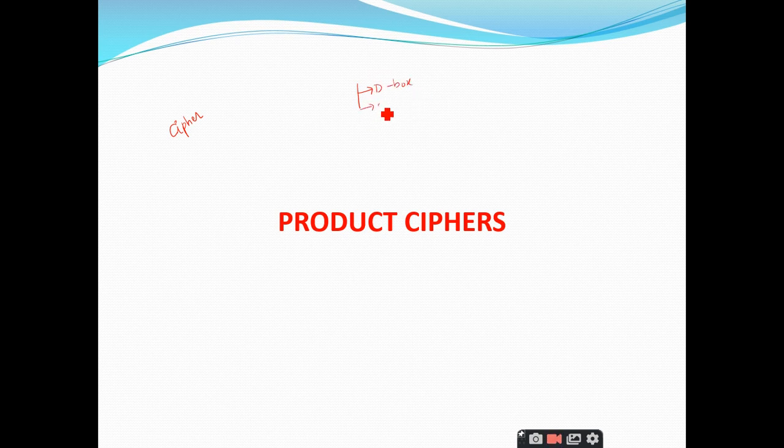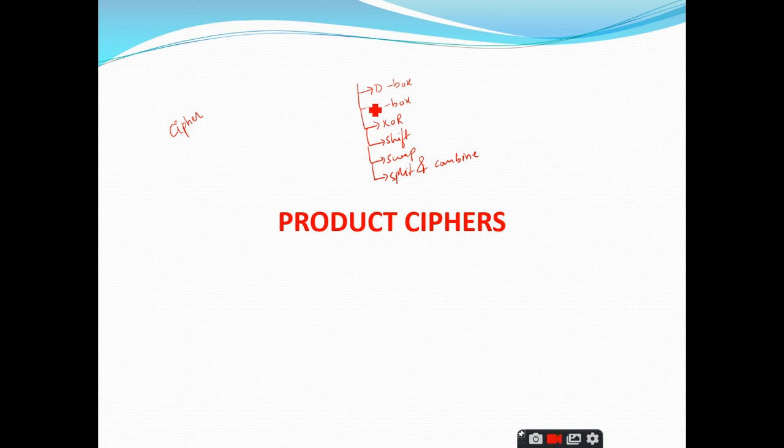T-box, X-box, XOR, circular shift, swap, split and combine, sir. Swap, split and combine. Right. So these are all the various components we have discussed under the topic of the components of the block cipher.